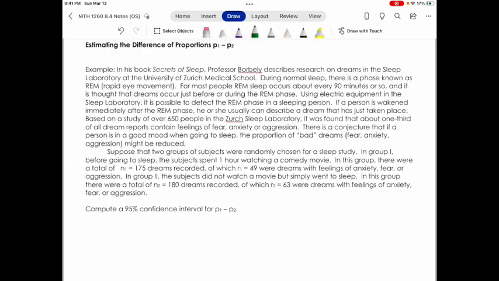Okay, in this last example, we are going to look at the difference of proportions. And this example goes on to talk about a doctor that's doing sleep research again, but this time he's looking at rapid eye movement, and he's looking at the number of bad dreams. This is how he defines bad dreams, by looking at fear, anxiety, and aggression.